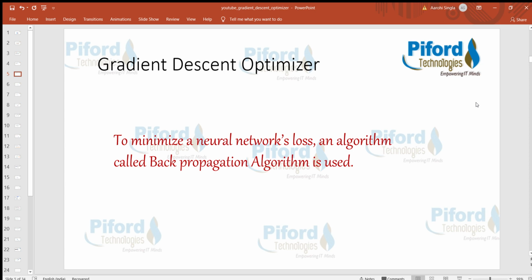Before updating the model weights, the gradient is also multiplied by a learning rate. I'll explain the learning rate in some time. For now, just understand that whenever we update the model weights, we multiply by some learning rate. And a good optimizer trains a model fast.